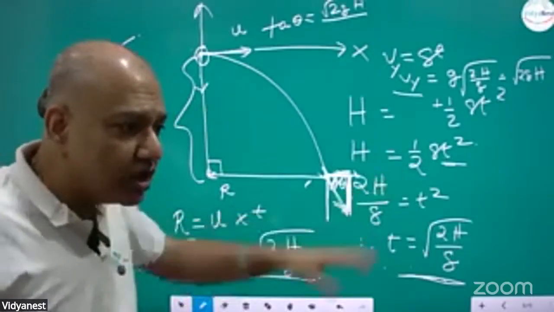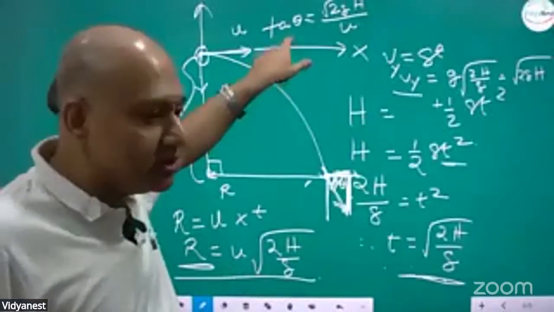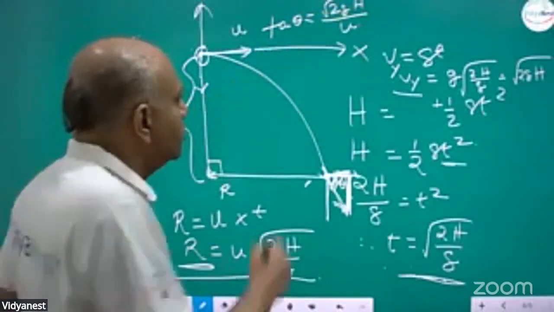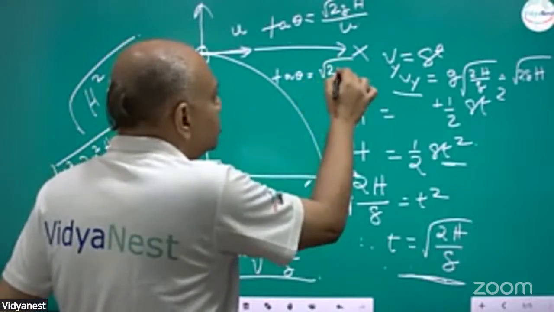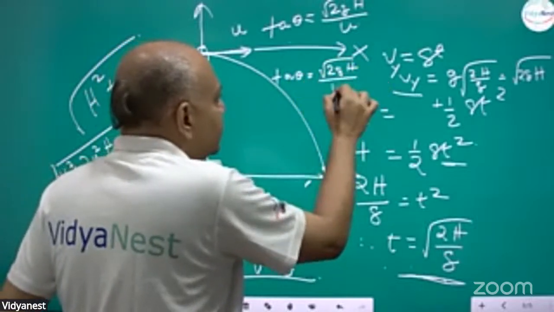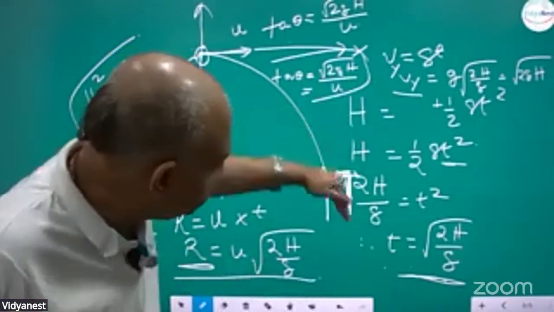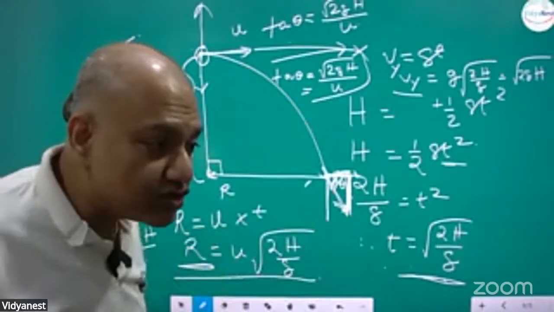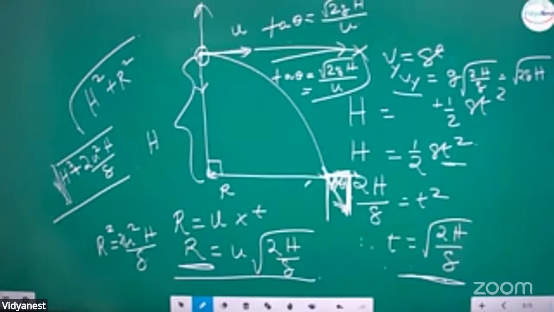So tan theta is equal to root over 2gh divided by u. This is the angle with which the particle is going to strike the ground. It is making this much angle with the horizontal direction.